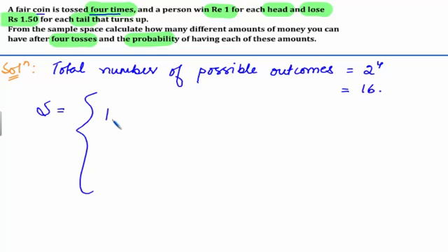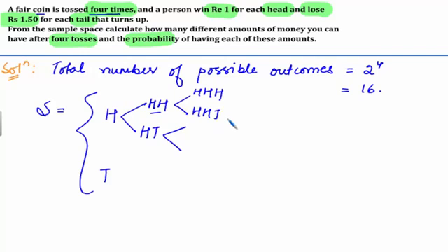When a coin is tossed, the possible outcomes are a head or a tail. Now when the coin is tossed once again, a head may be followed by a head, or a head may be followed by a tail. Now the coin is tossed once again, so from here we again have 2 possible outcomes, HHH and HHT. Again the coin is tossed, since the coin is tossed 4 times, so this is the last time the coin is tossed for this branch.